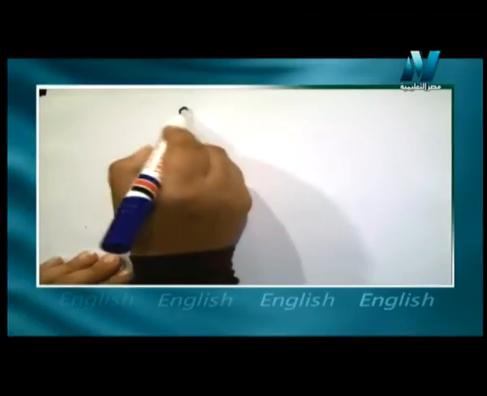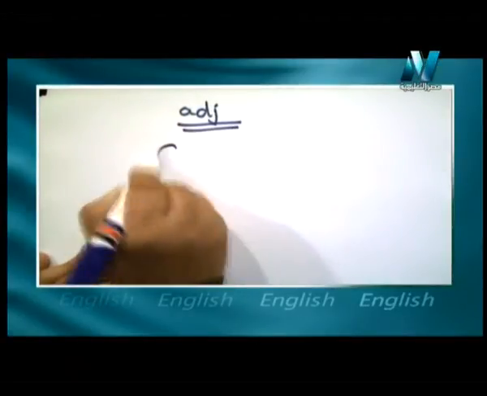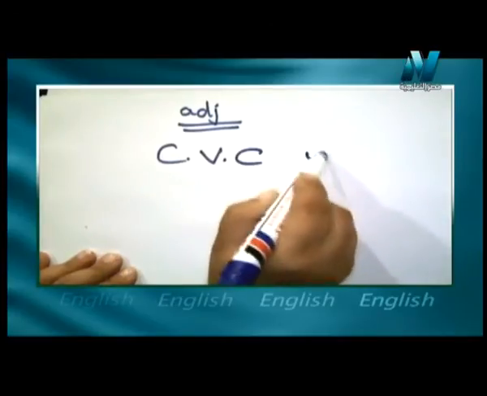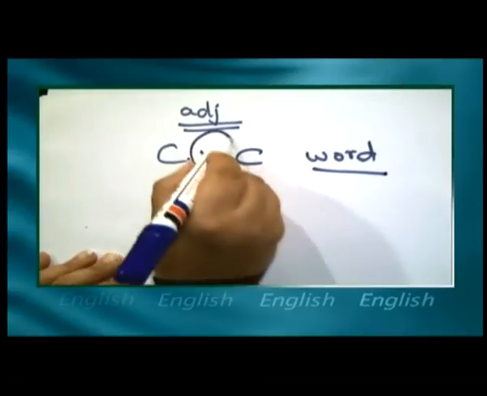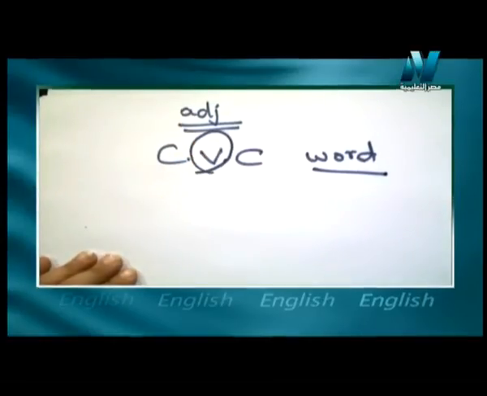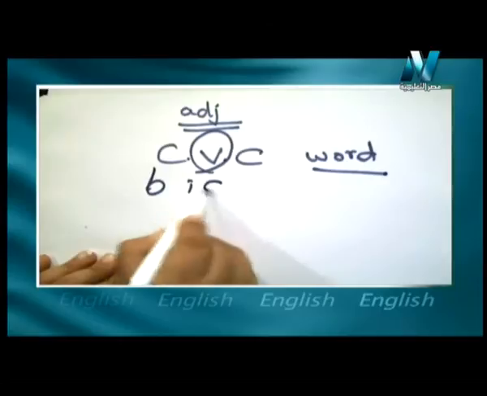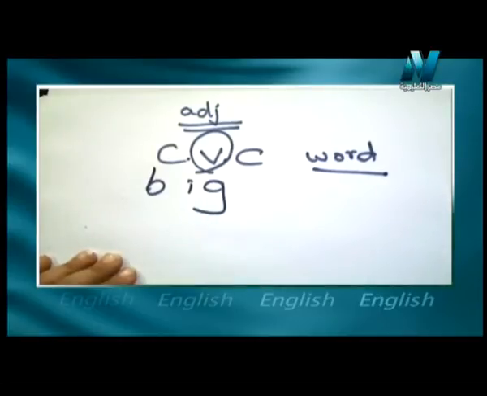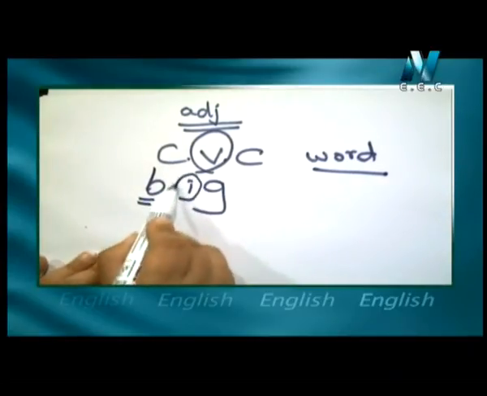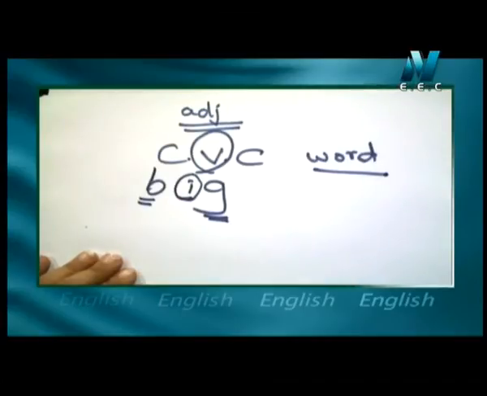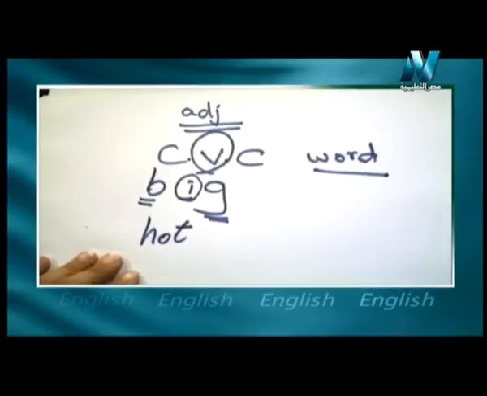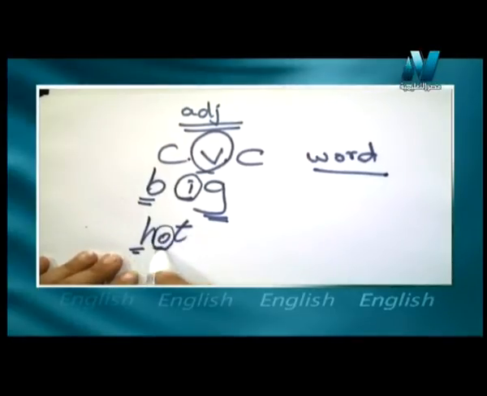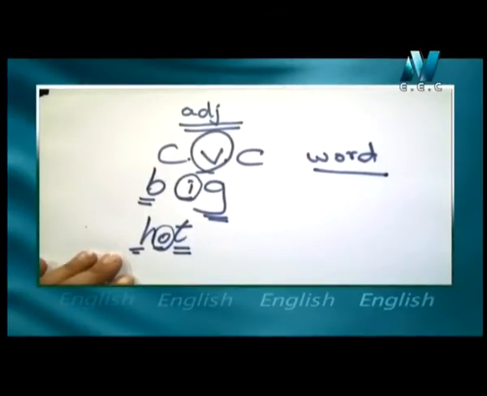Okay. When I have an adjective and this adjective is a CVC word. What's a CVC word? It means we have a vowel in the middle. For example, big. Consonant, vowel from the 5 vowels and then consonant again. Hot. Consonant, vowel and then consonant again.